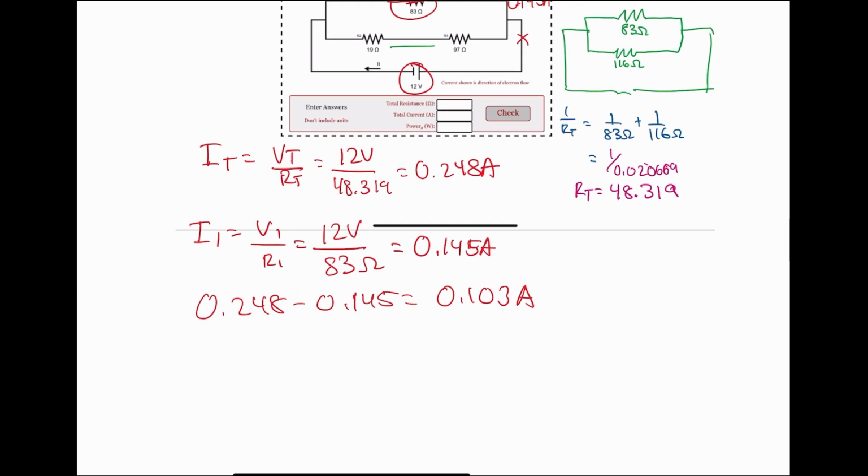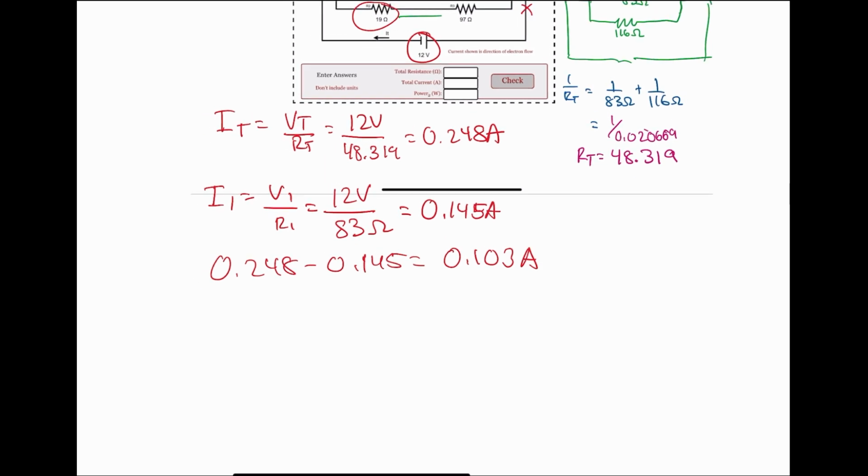Now, if we want to find the voltage drop for R2, which we need for power, we could just do V2 is equal to R2 times I2, which equals 19 ohms times 0.103 amps. You get 1.957.